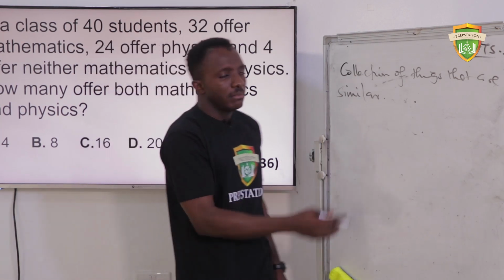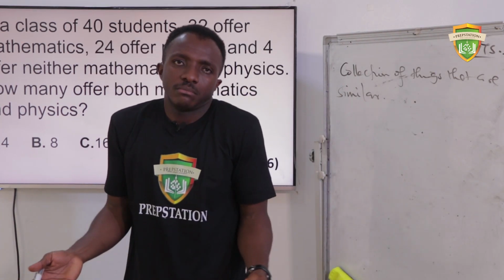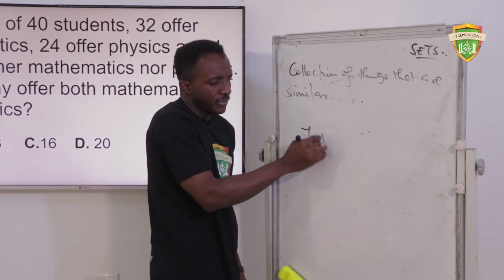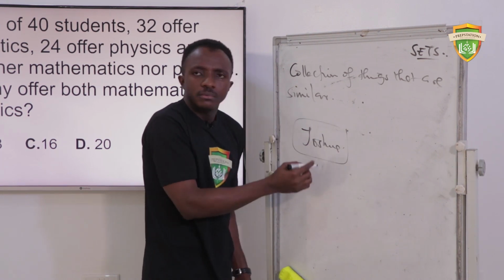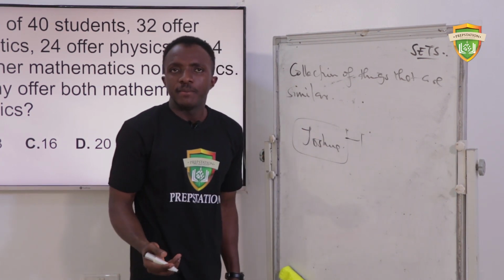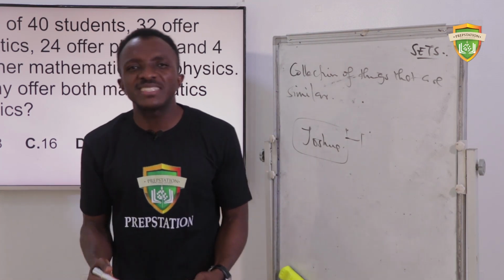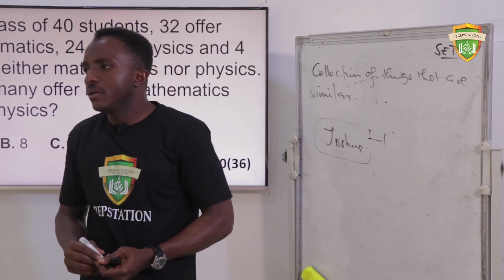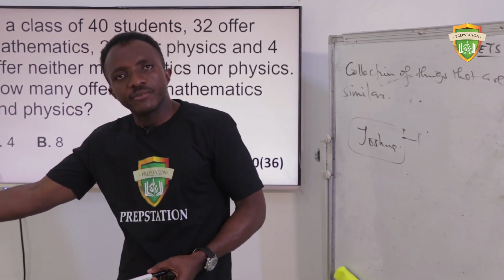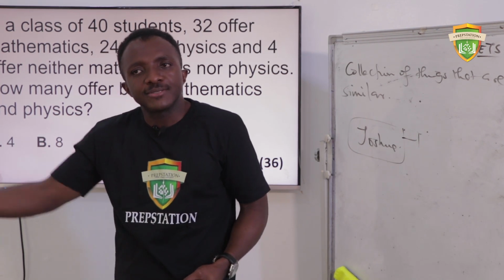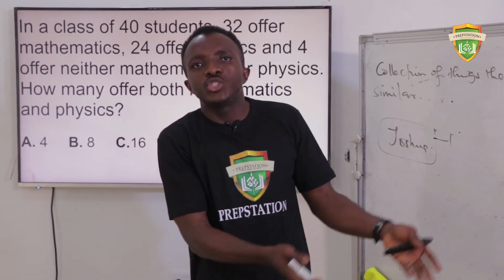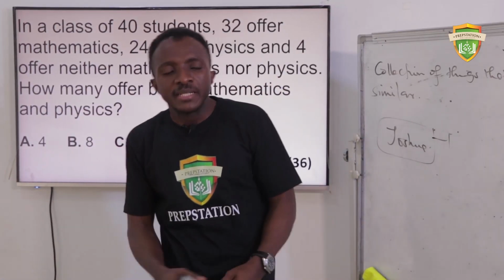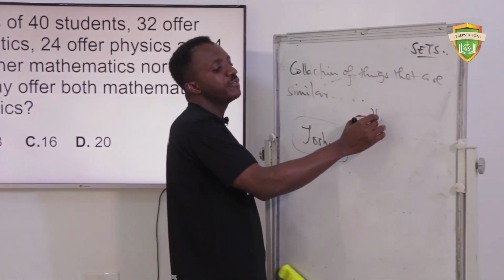Like in your house, if your family name is Joshua, you can have a set of the Joshua family. Now there's something called a subset. A subset is simply a set that is in a set. In the Joshua family you can have families made up of children and parents. So a set of children, or the Joshua's children, belong to that set, the Joshua family. The Joshua family is what we call the universal set.